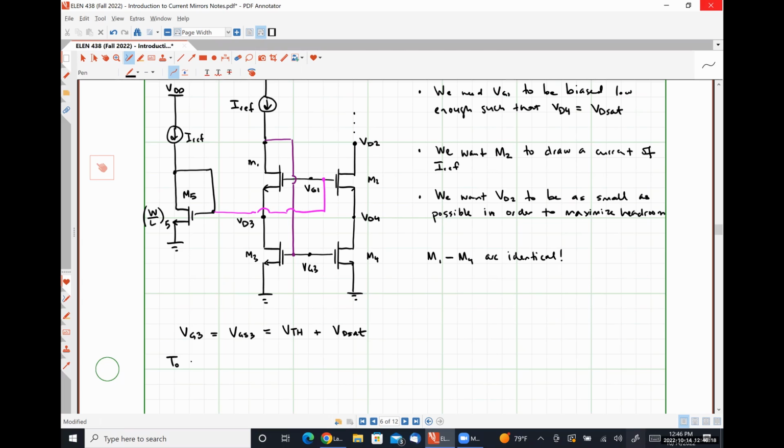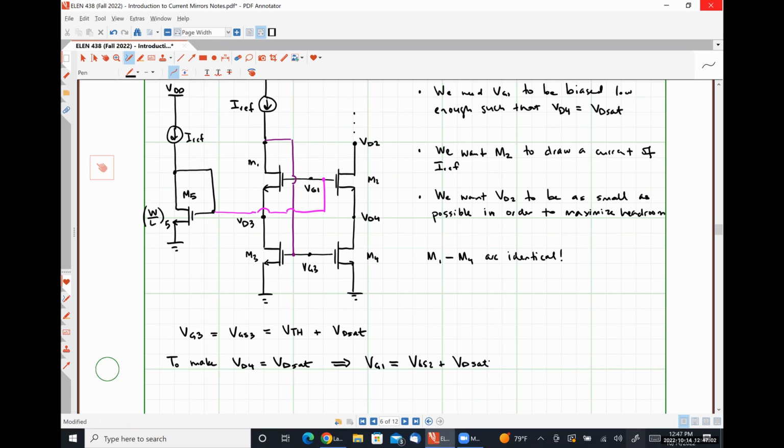In order for us to make VD4 equal to 1 VDSAT, we will need VG1 to equal VGS2, excuse me, plus VD sat. So let's think about what I'm saying here, just to be clear.